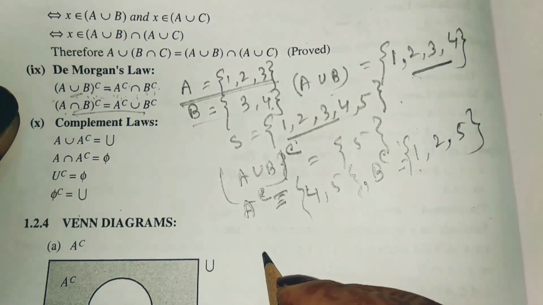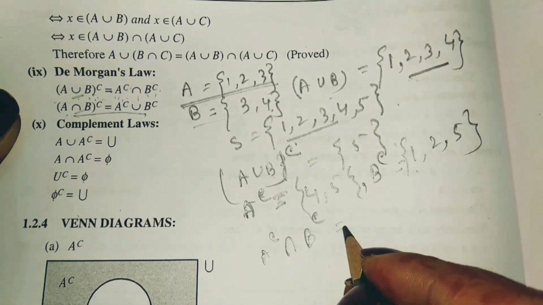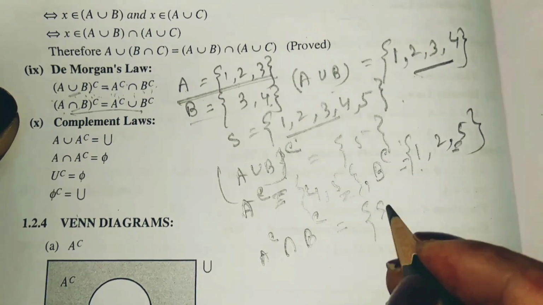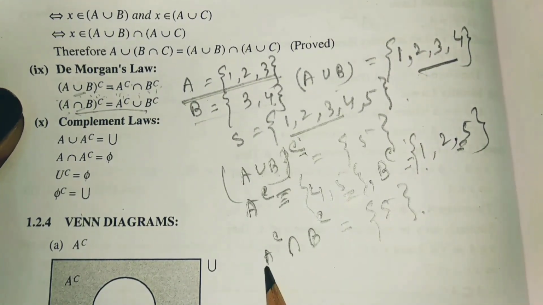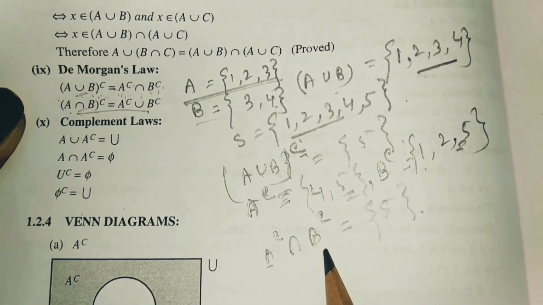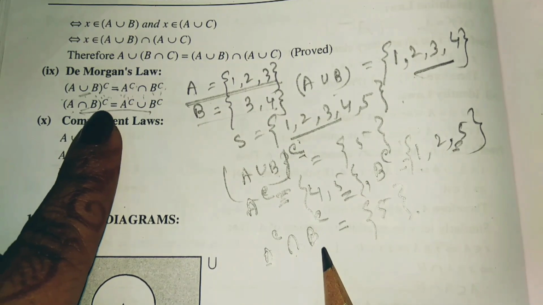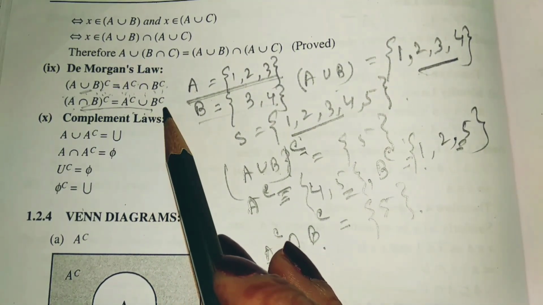So if you take the A complement intersection B complement, then the only common element between them is 5, so it is 5. So A union B, its complement is equal to A complement intersection B complement. Similarly, we can prove that A intersection B, its complement is equal to A complement union B complement.